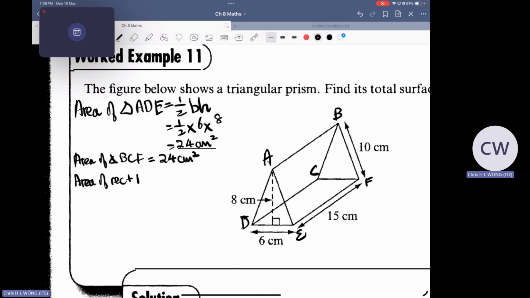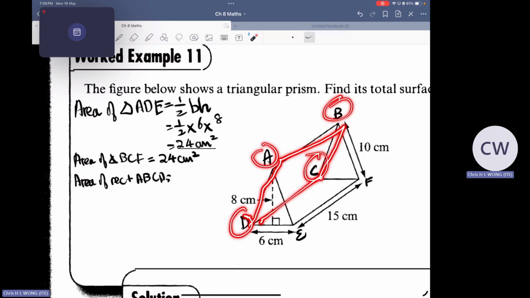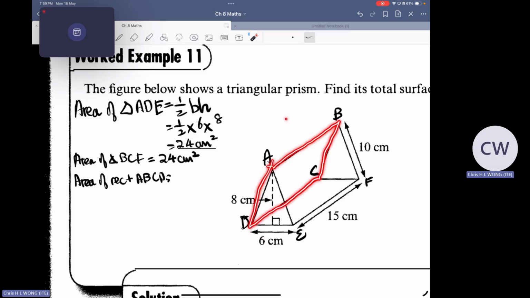area of rectangle ABCD. Go and find where is ABCD for me, please. You can see ABCD, because the moment I name them, you know which one I'm talking about. A, B, C, D. So literally this one, right? So what is the length? 15. What is the breadth? This is 10.